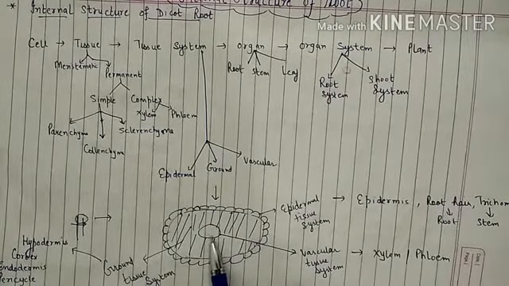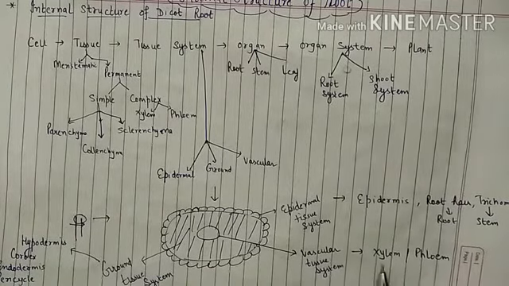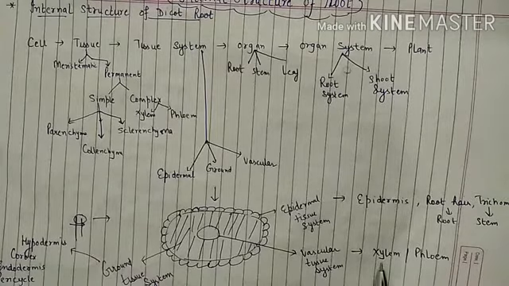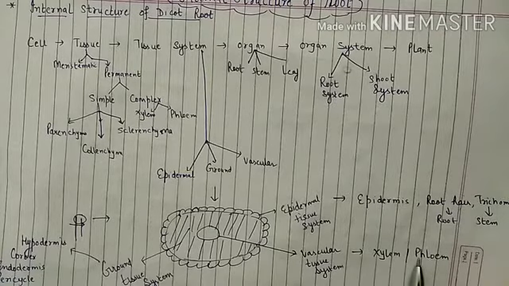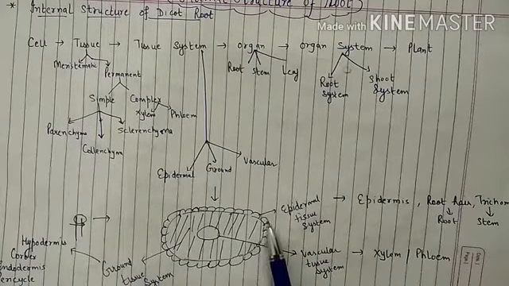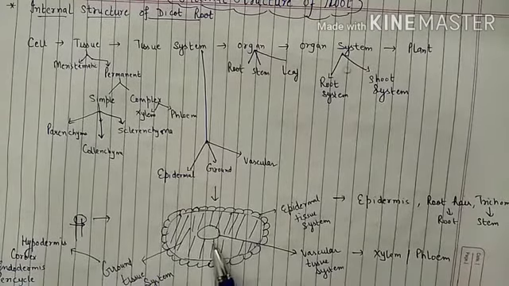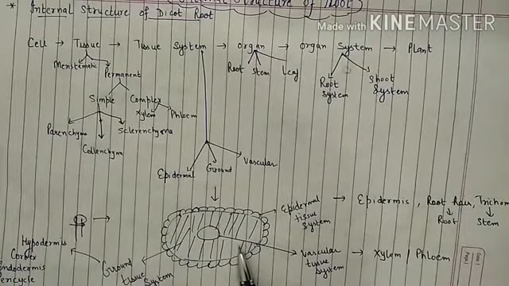This vascular tissue system consists of xylem and phloem. The role of xylem, you know, is to transport water and minerals to the plant body, and the role of phloem is to transport the food prepared by the leaves to all parts of the plant. In between the epidermal tissue system and the vascular tissue system there is the ground tissue system.